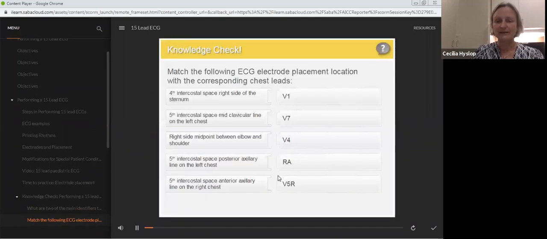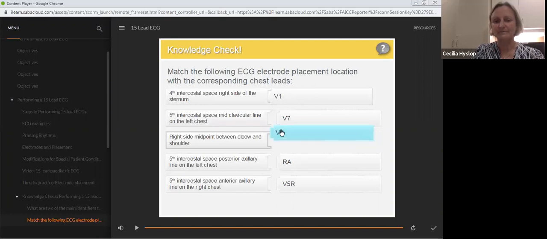So match the following ECG electrode placement location with the corresponding chest lead. The 4th intercostal space, right side of the sternum, is going to be our V1 placement. The 5th intercostal space, midclavicular line on the left chest, is going to be our V4.